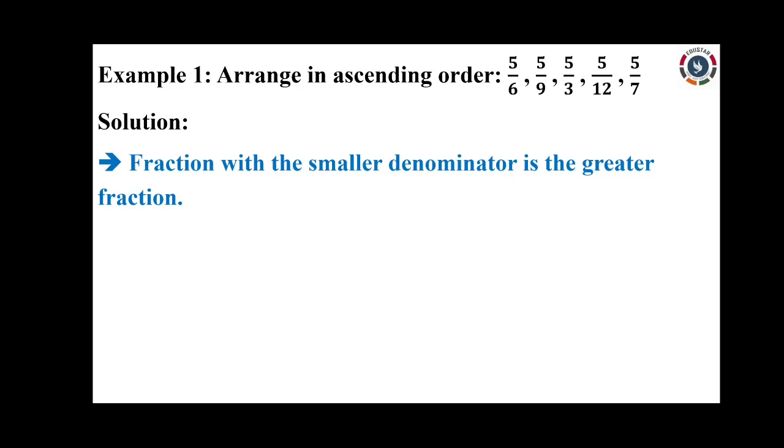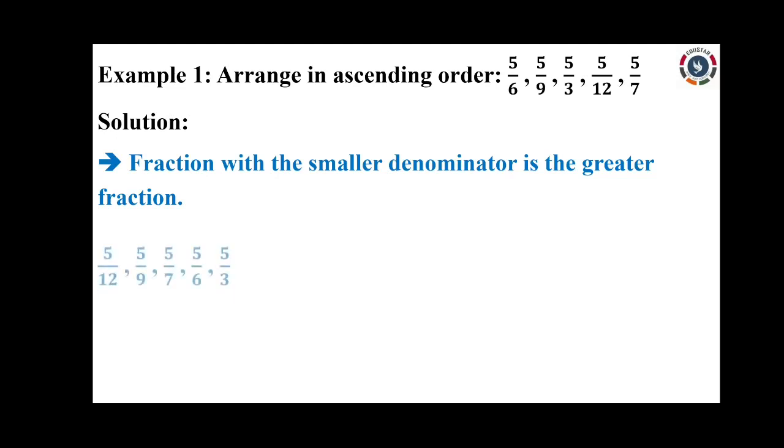When we are ordering in ascending order, we have to start from the smaller fraction. It means from the greater denominator fraction, because the fraction with the greater denominator is the smaller fraction.